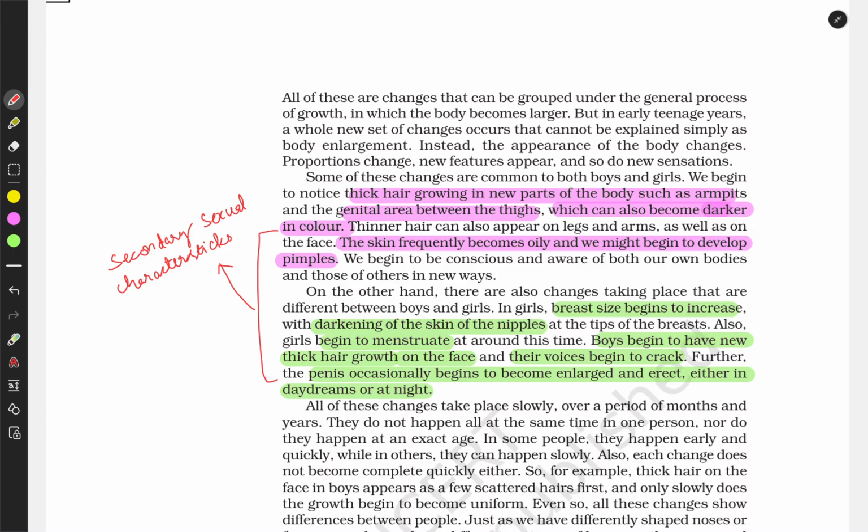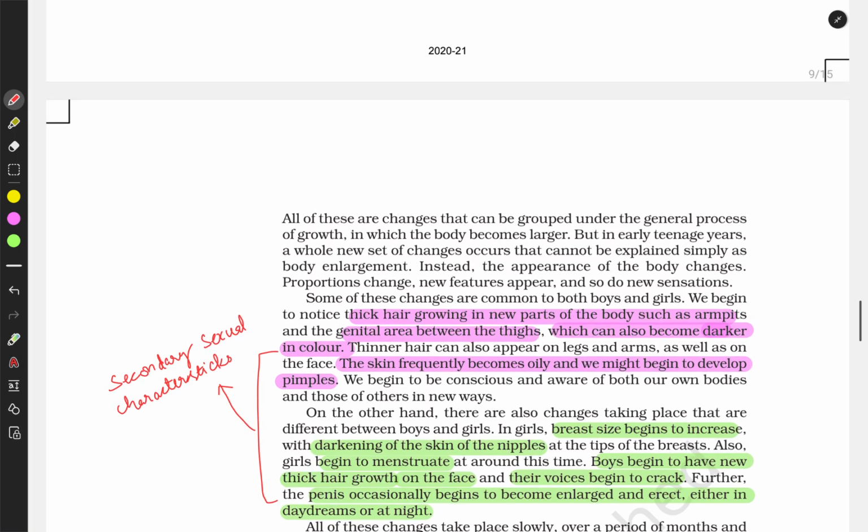Primary sexual characteristics are those sexual organs or sexual changes which we have from our birth. So we have well differentiated reproductive parts in both male and female at the time of birth. These are called primary sexual characteristics.